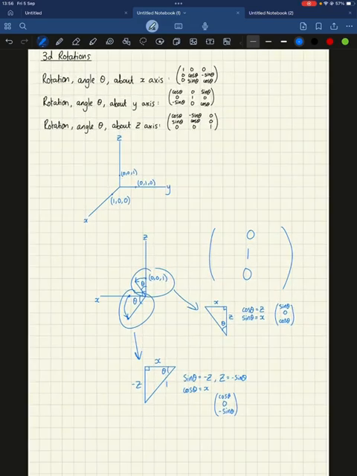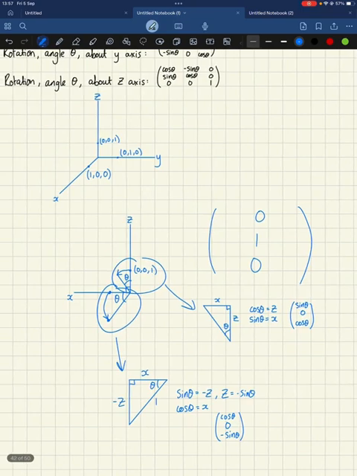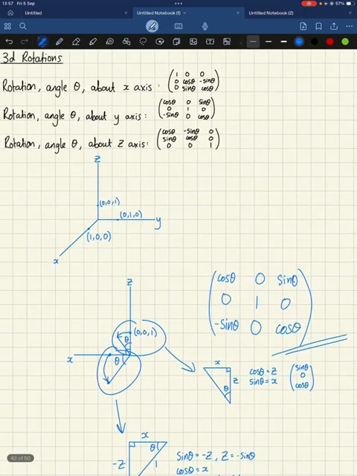And that is our transformed z or k vector. So now our rotation matrix i, j, k, or x, y, z: our i or x vector is cos theta, 0, minus sine theta, and then z or k will be sine theta, 0, cos theta. And this matches here.